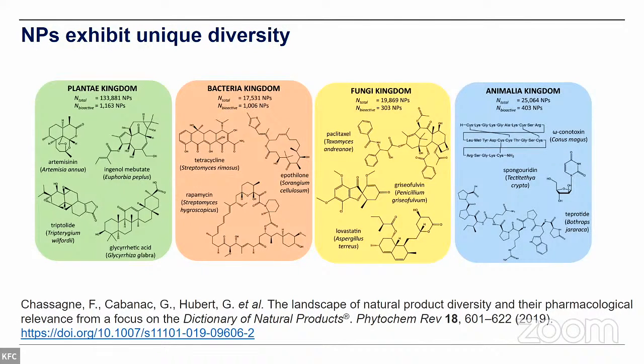As you can see, the most well-studied is the kingdom of plants. This is the data from the Dictionary of Natural Products. The bacterial, fungal and animal kingdoms are a bit less studied, but still there are some very interesting compounds that were obtained from them.